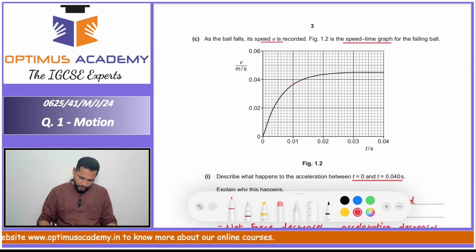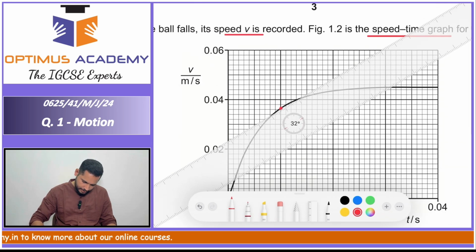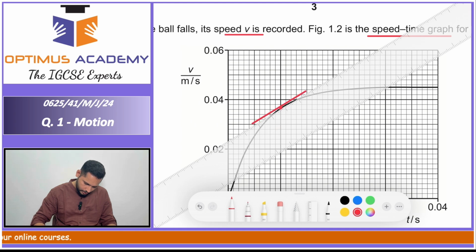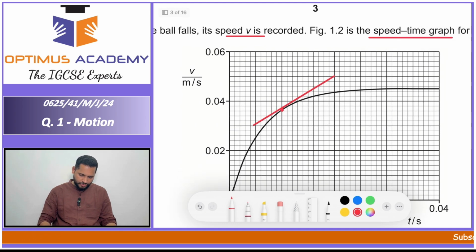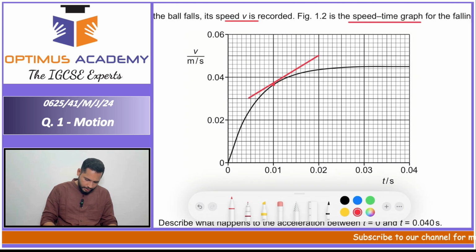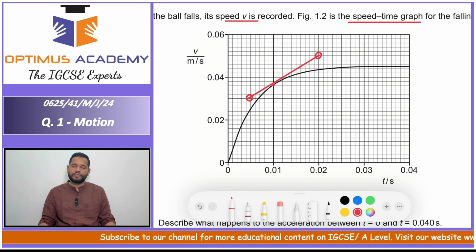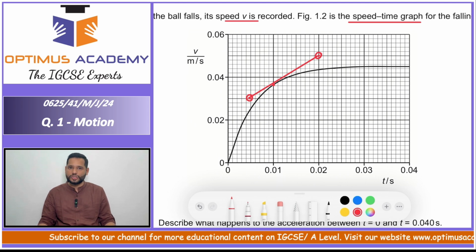So we will draw a tangent on this graph, something like this. And we will try to find out the acceleration of the ball at 0.01 second. Note that the length of the tangent is not going to change your answer. So if a student draws a longer tangent, his answer is going to be the same. Reason being, for a straight line, the gradient remains constant.